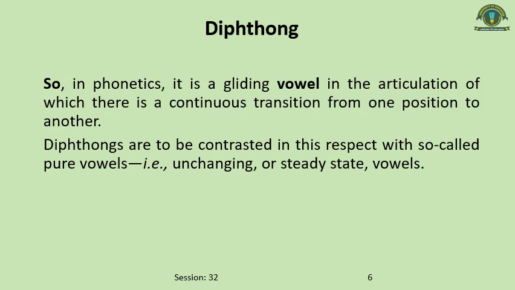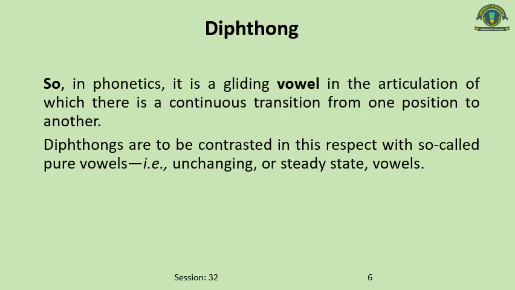In phonetics, it is known as a gliding vowel. What is a gliding vowel then? We understand the phrase is gliding vowel. Then we have to ask, what is a gliding vowel? In the articulation of which there is a continuous transition.